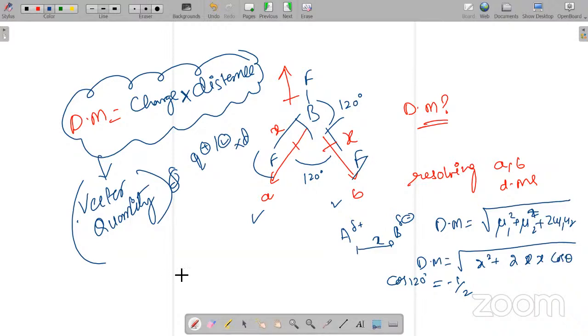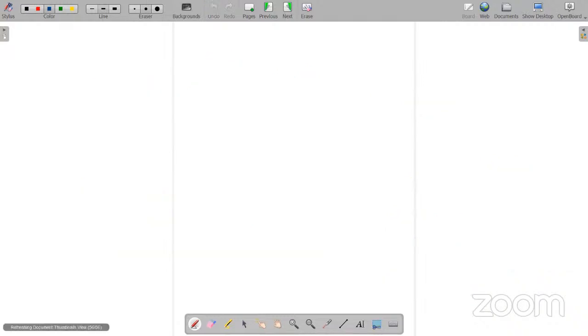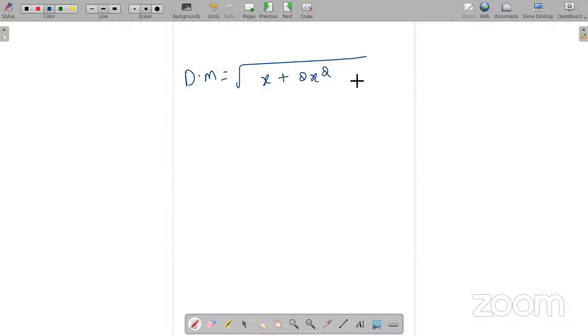So if you keep that in, dipole moment is equal to under root of x square plus x square plus 2 x square into cos theta, where theta is 120. So dipole moment is equal to under root of 2x square plus 2 into x square into minus 1 by 2.